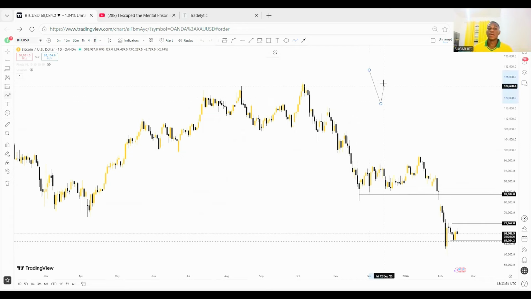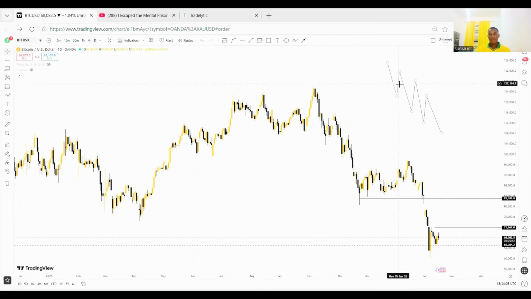It's when we keep seeing lower highs and lower lows in the market, right? In this case, for BTC, we're on a downtrend, right? Let me get rid of this. We're in a downtrend on BTC, right? This was our highest level on price and our support.